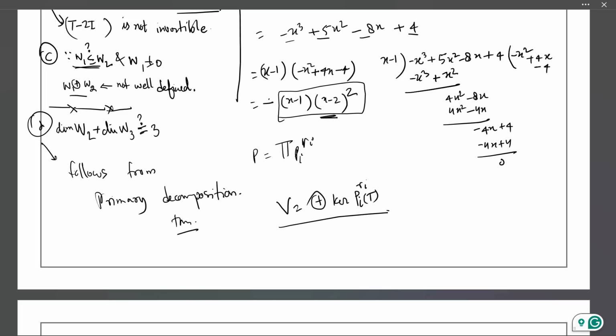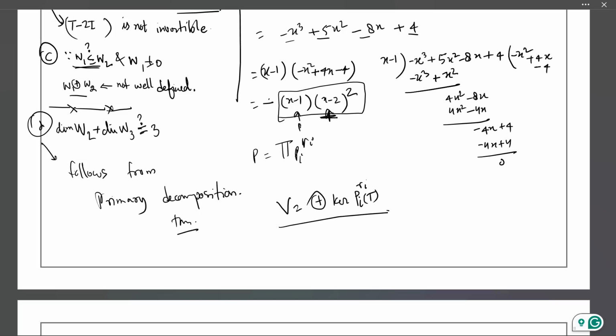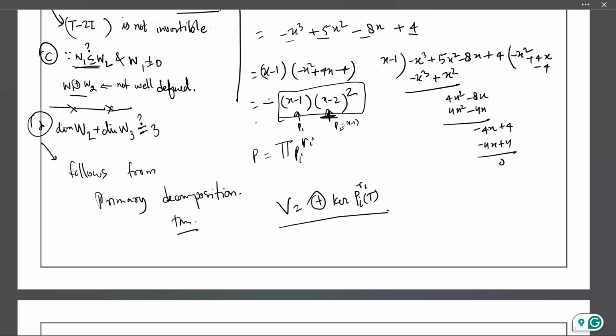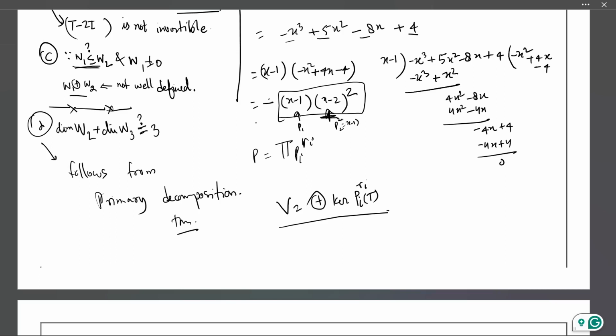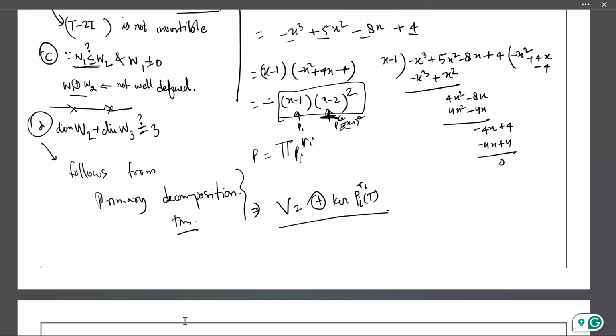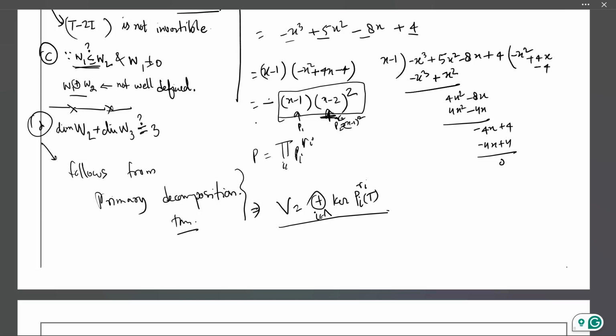So here P1 is x minus 1 and P2 is x minus 2 power 2, P2 power r2. So by the primary decomposition theorem, you decompose V like this, a direct sum over i belonging to some finite index set.